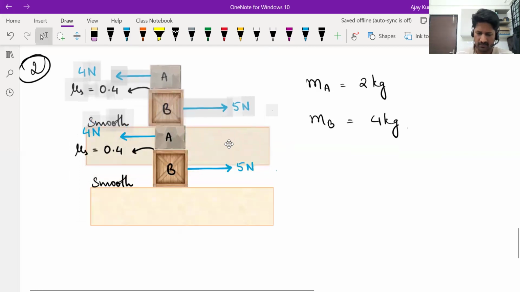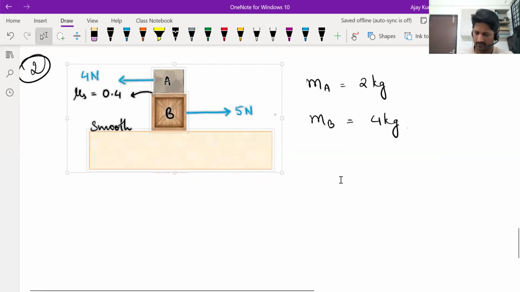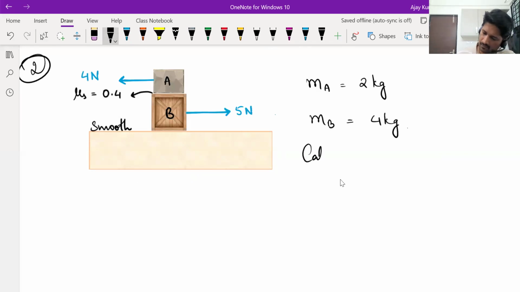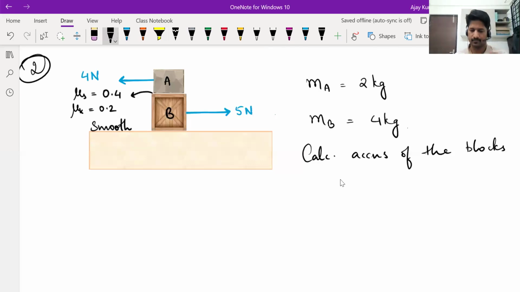In the process, you will anyway find out whether they move together or not. Suppose static friction is not sufficient, you should know the coefficient of kinetic friction also. Take that as 0.2. Solve this, all of you.